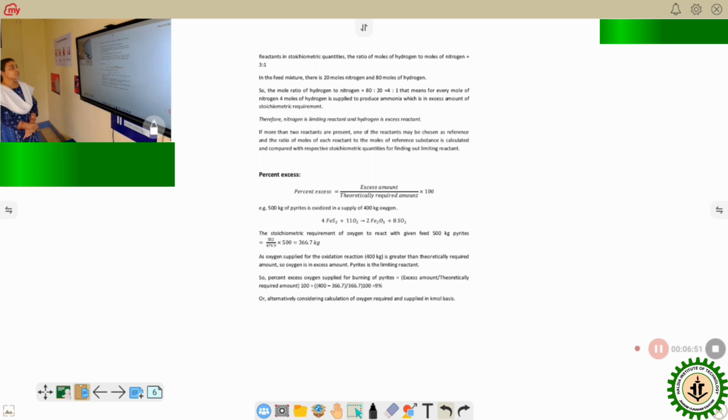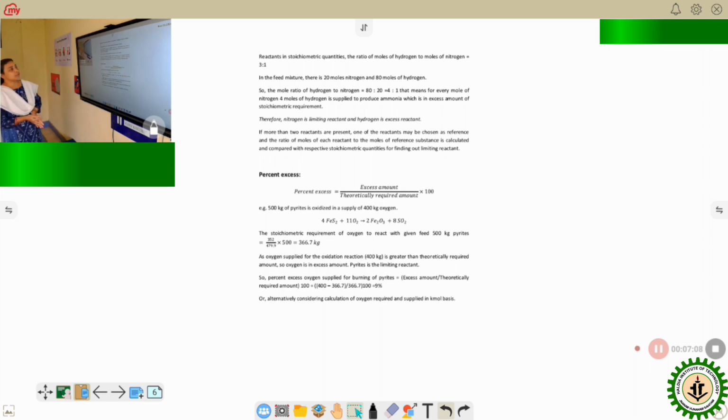So the mole ratio of hydrogen to nitrogen is 80:20, that is 4:1. That means for every mole of nitrogen, 4 moles of hydrogen are supplied to produce ammonia.